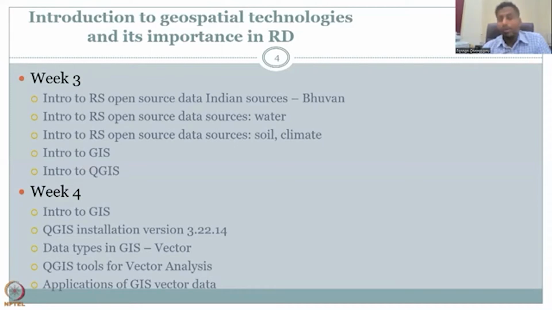This was followed by applications of these tools on real-time data. We discussed them, and then we said, okay, now these tools have very specific roles and can be very, very handy in certain types of rural development applications. So we discuss the tools and we discuss the applications also.